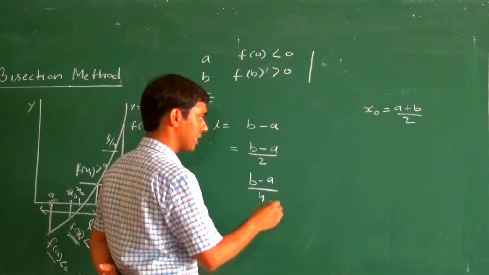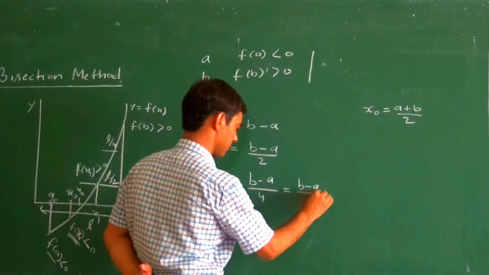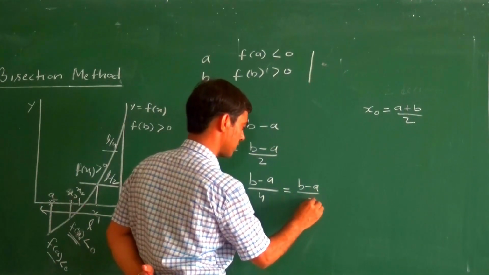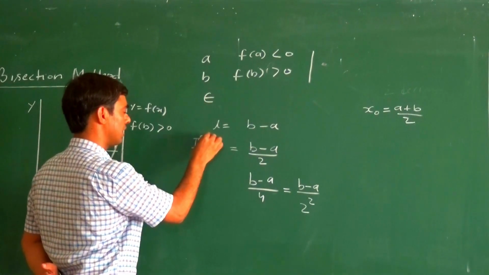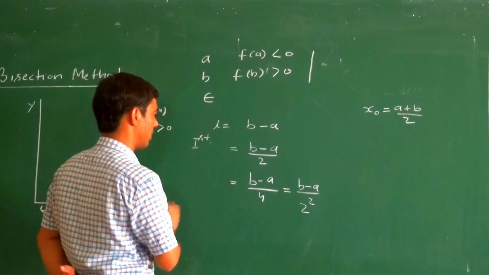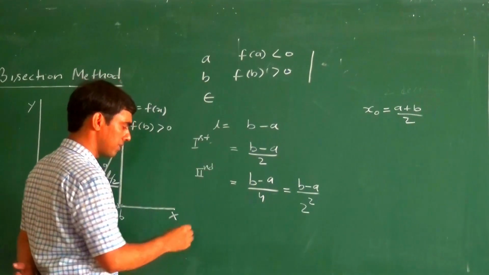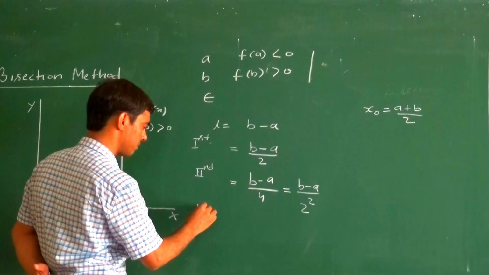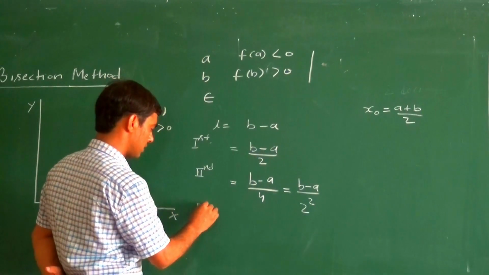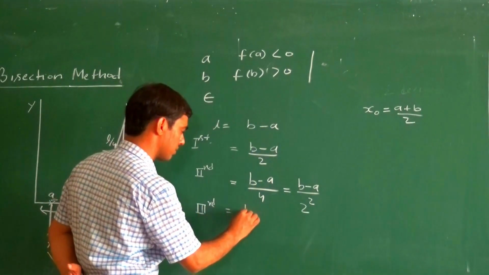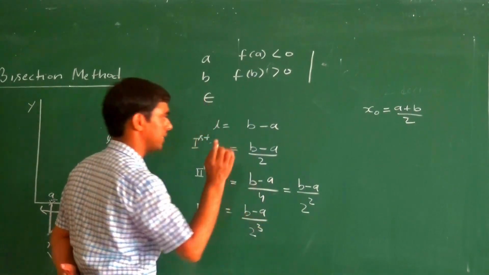You may also write this as (b minus a) upon 2 square in the second iteration. This is the length of the interval. Similarly, in the third iteration, this becomes (b minus a) divided by 2 to the power 3.